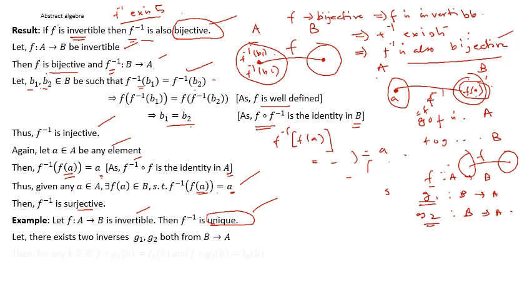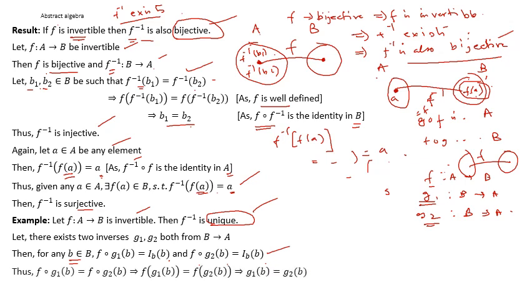Both of these mappings are inverse of f. Then, since f o g1 is an identity mapping of B, f o g1 of b is the identity mapping of B, and f o g2 of b is also the identity mapping of B.